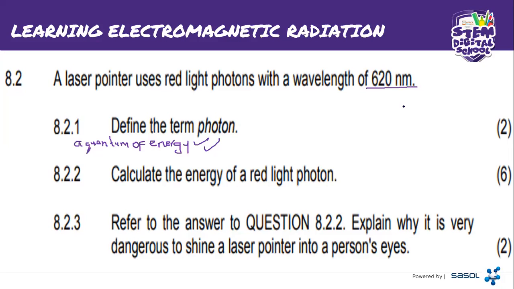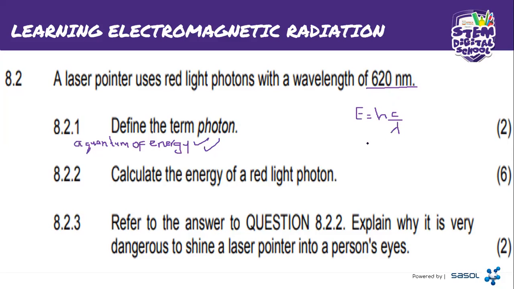So, we can say this is the relevant formula. Why? Because it will make it easy for us. We will be able to calculate E, which is the energy that we are looking for. And then we have h, we have c, which we are going to get from the data sheet, and we also have the wavelength altogether.